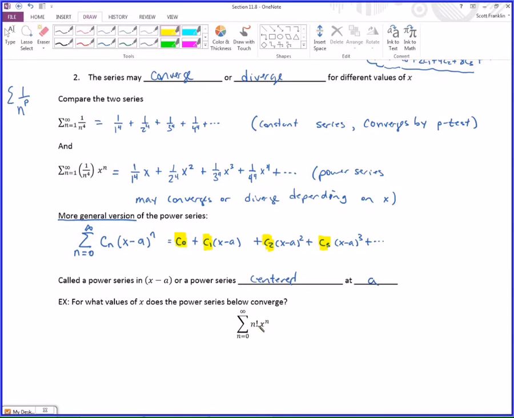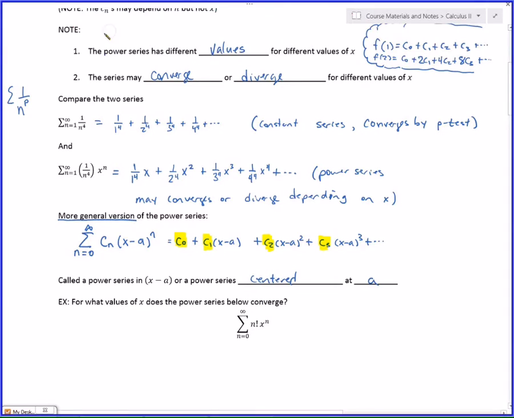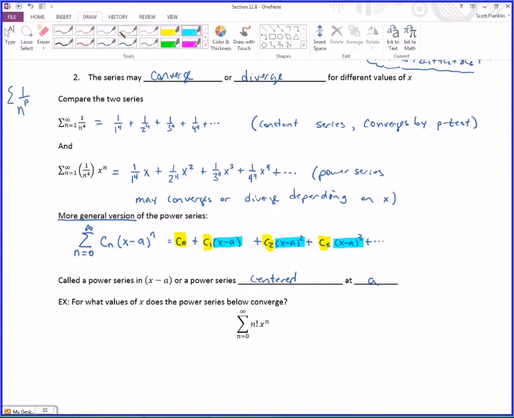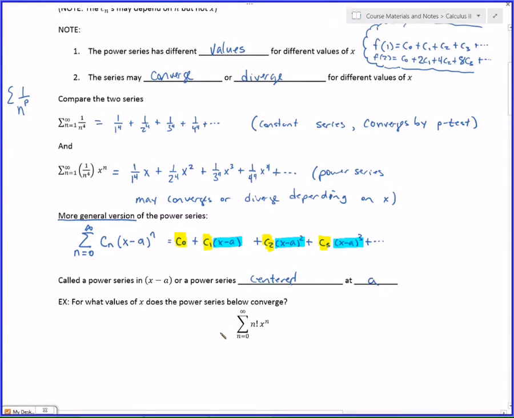In general, they may be defined for you like this, n factorial down here, right? There may be a formula, or there is a formula for the C sub n's, okay? And then you've got the polynomial part of this, which is the x minus a squared, x minus a cubed, and that term just keeps getting bigger and bigger in terms of its degree.